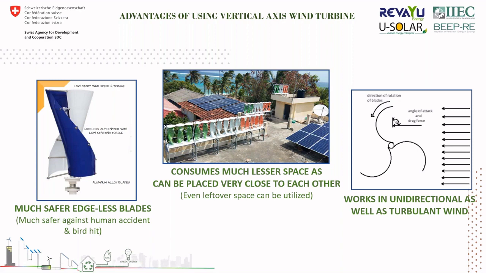As you can see in the next image, in the center, we can place these very, very close to each other, unlike horizontal axis wind turbines, where a decent amount of spacing is required between them, and there might be support structures required with tall towers.